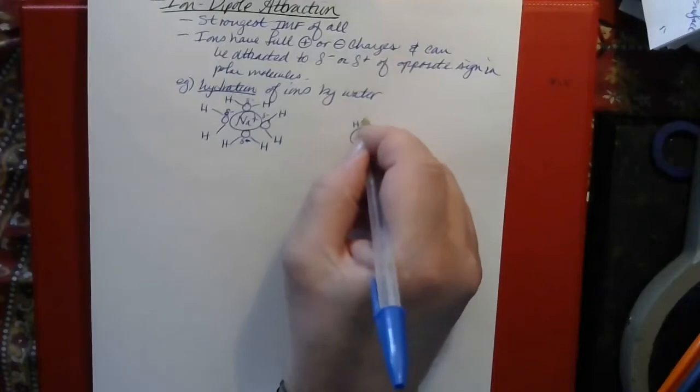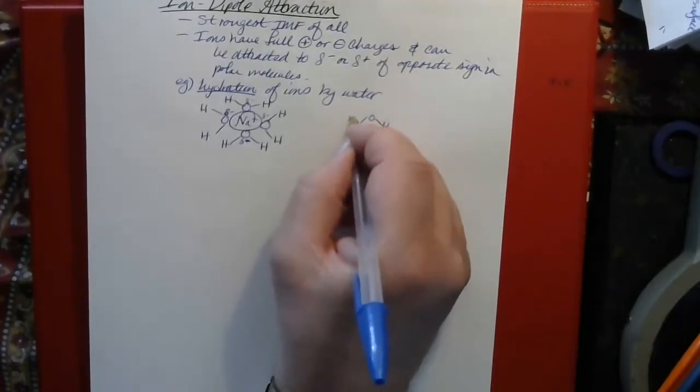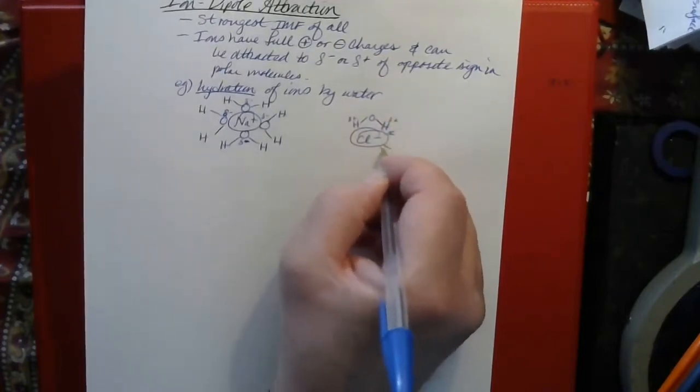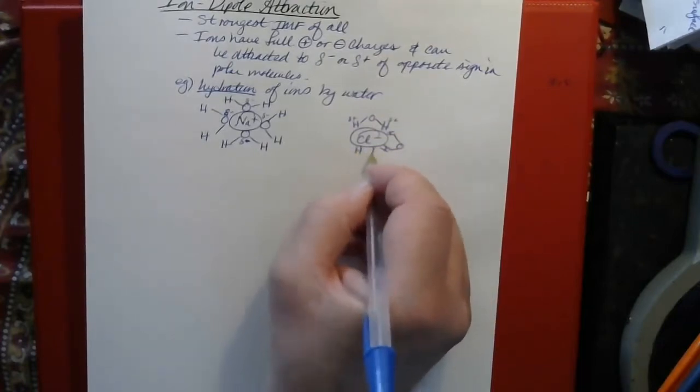And the water molecules will gather around the chloride ion with the partial positive hydrogen ends of the molecules facing the chloride ion.